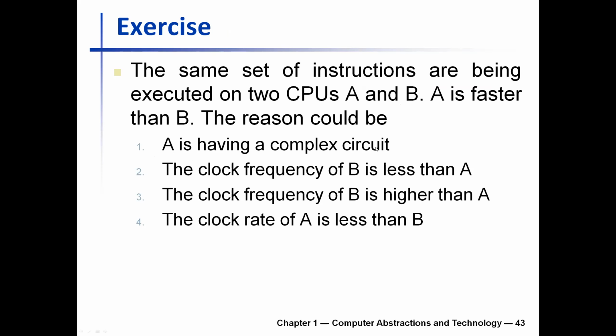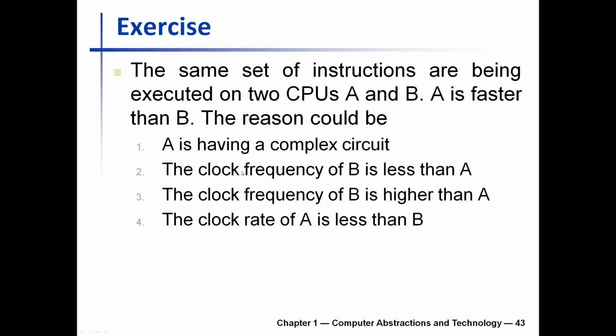A having a complicated circuit can be a reason that A performs faster. We cannot say that it is the reason. There's not enough information here, but it is potentially possible that A's complex circuitry is a reason that A is performing faster. But we need to look at both the number of cycles as well as the cycle time to come up with a solid answer and actually see whether this is true.